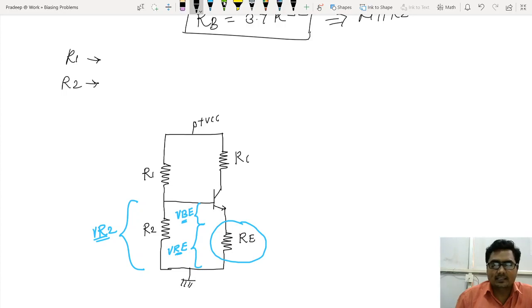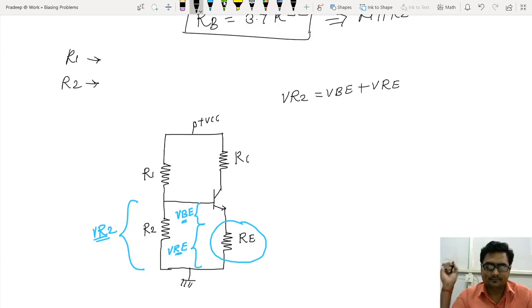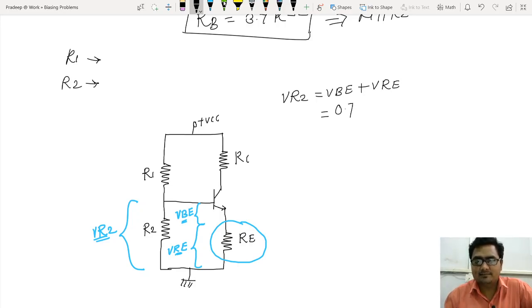So let me write down here, VR2 equals VBE plus VRE. Now what is VBE? Assume all the time that I'm using silicon transistors, so it is 0.7 plus VRE.